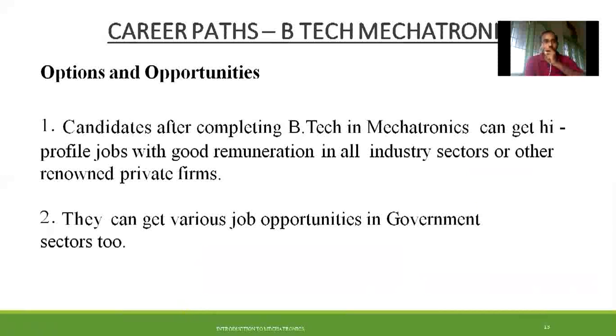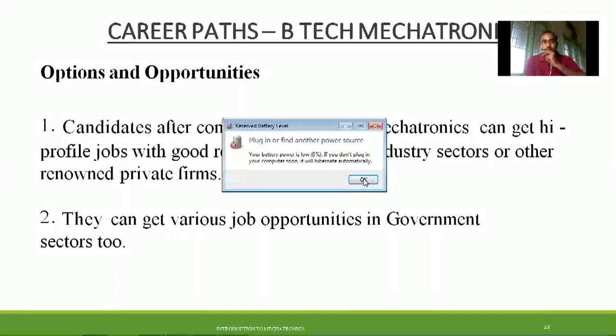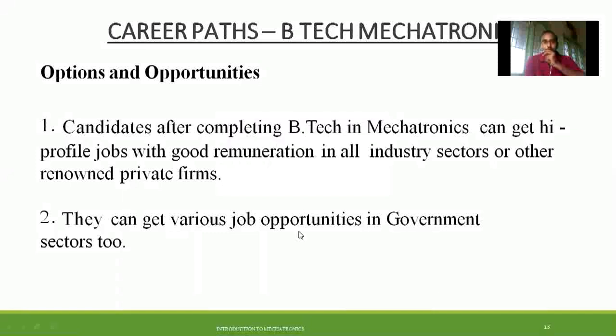Here are the career paths for mechatronics. Here we have options and opportunities. Candidates, after completing a BTech in mechatronics, will have a huge number of opportunities, because they become aware of mechanical and electrical systems which are operated with electrical guidance.